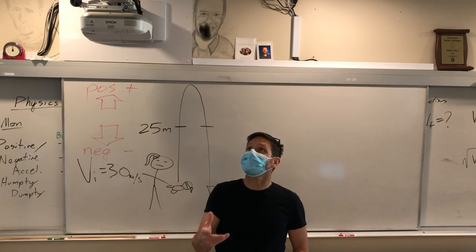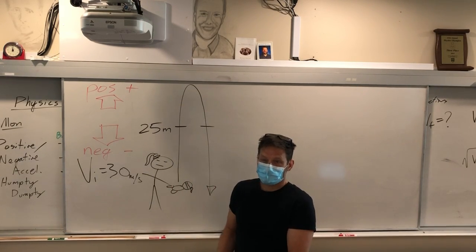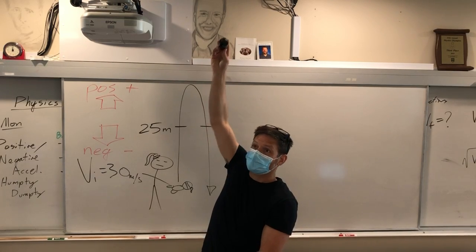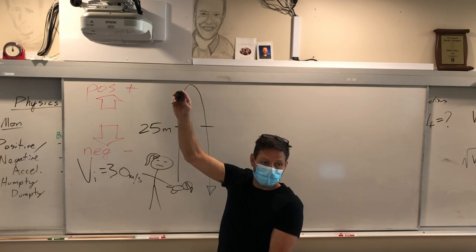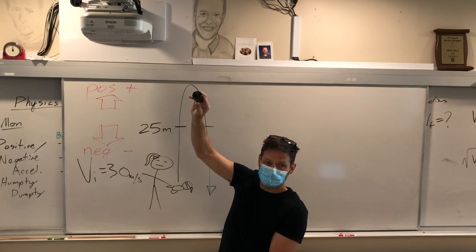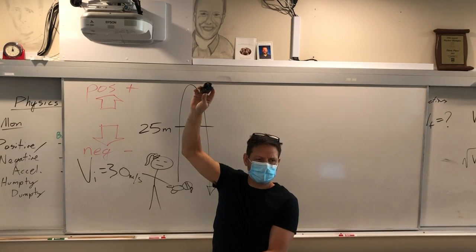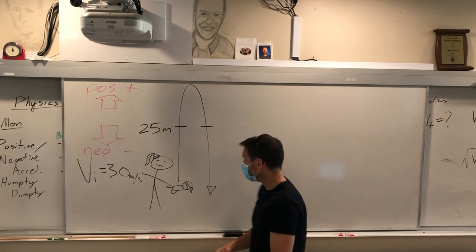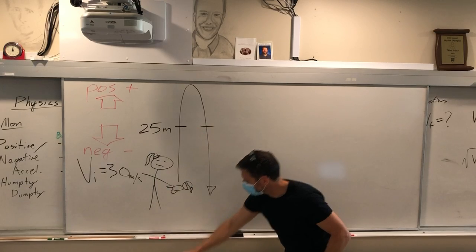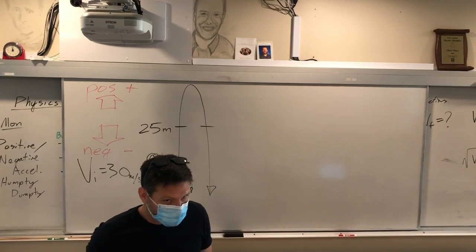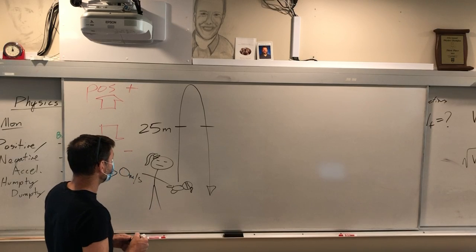If I throw something up, on the way up, it's maybe a meter above my hand. On the way down, it's still 1 meter above my hand. The displacement is still positive. What would a negative displacement look like? It would have to be down here, below my hand, right? So for him to be negative 25, he'd have to be down here somewhere. So both times the displacement is positive 25.